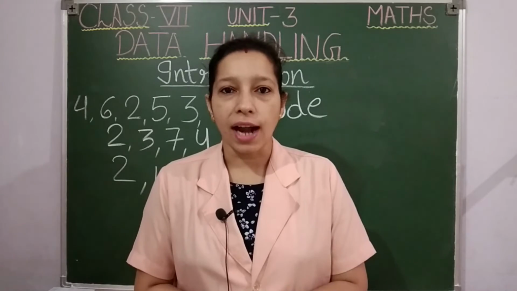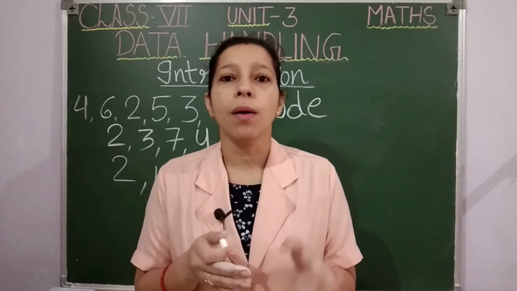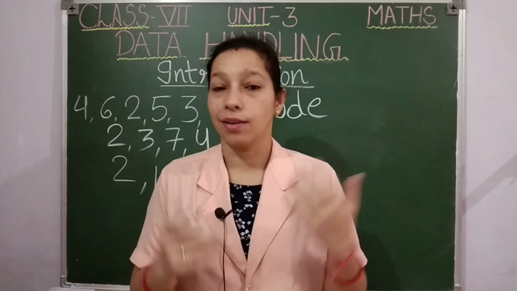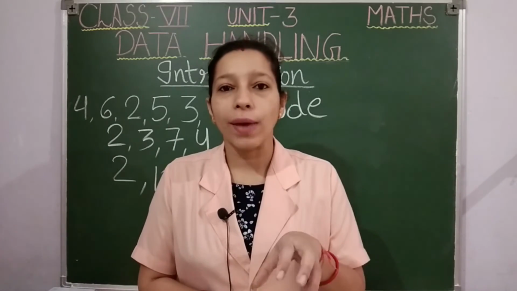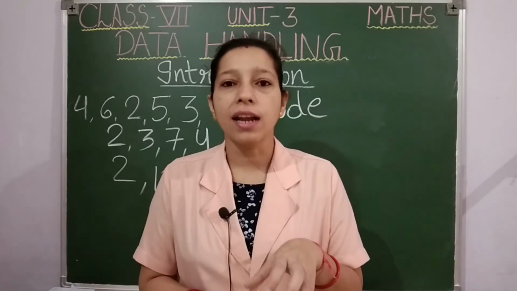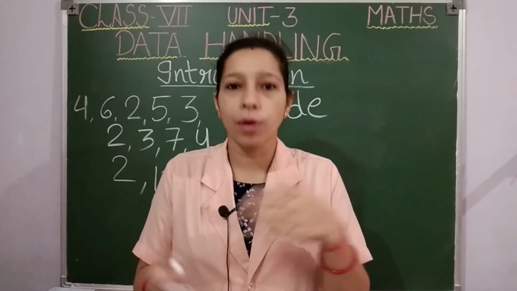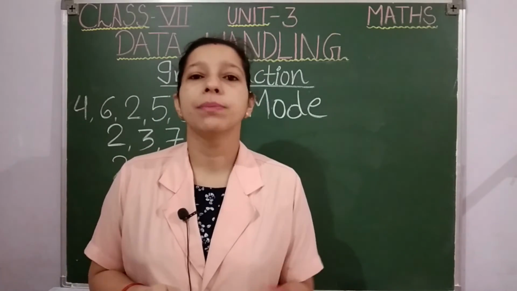Simply, for the given data, observe it and take that value which has the maximum frequency. What is frequency? In the beginning I have explained it. Frequency means number of repetitions. Mode for any given data is that number which comes many number of times. So mode will be that value which occurs the maximum number of times.